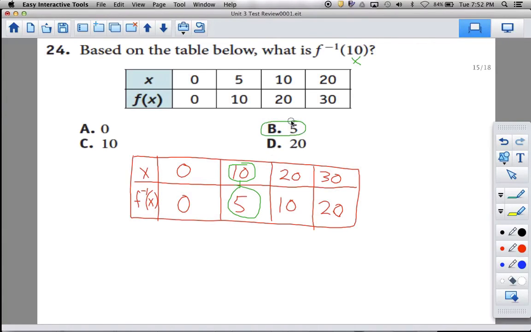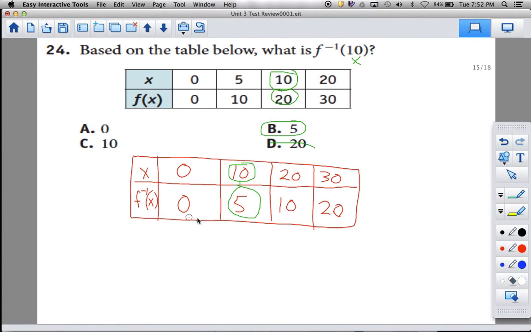And that's the answer you would get. Notice if you use the original table and you find x is 10, what's your y value? Your y value will be 20. That's going to be the wrong answer. The correct answer would be here.